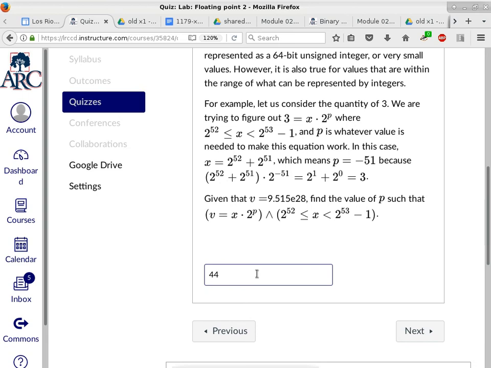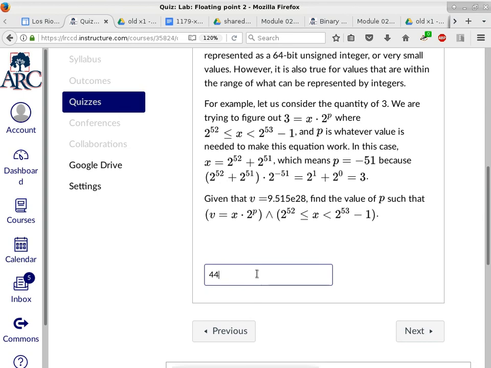Okay. So the answer to this question is basically saying E, which is 9.515 times 10 to the power of 28. If you use the double precision floating point format, it boils down to the smallest quantity that you can add to actually make a difference to this particular value is 2 to the power of 44.